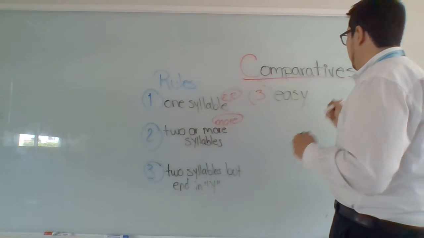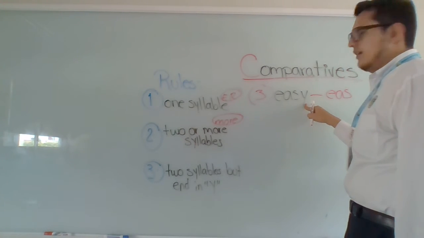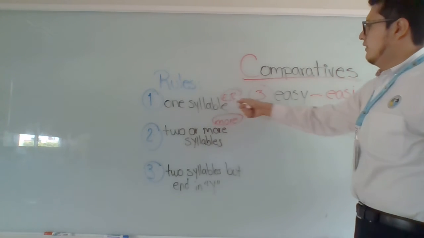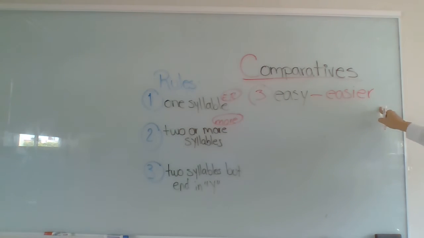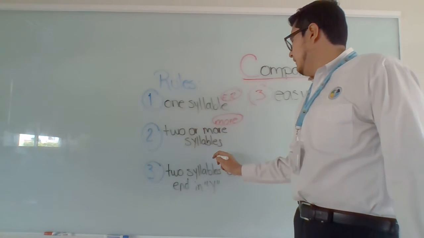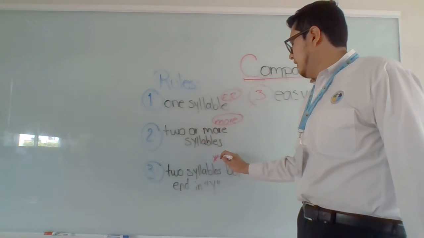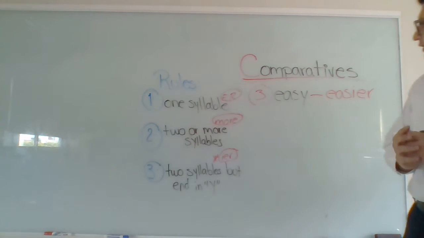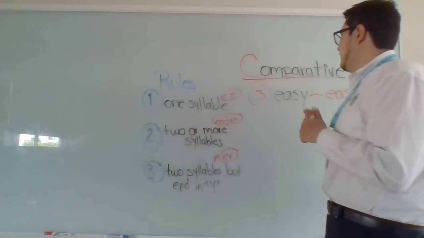For example, easy. The Y, remove it, I, ER. Easier. So this rule will be, we remove the Y and add IER. Easy, easier.